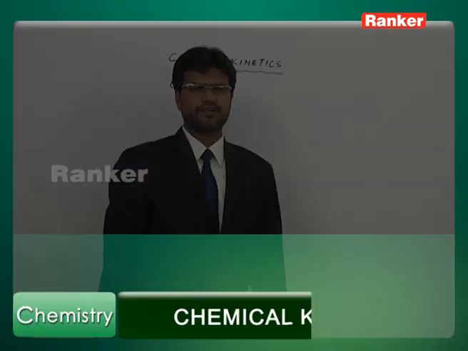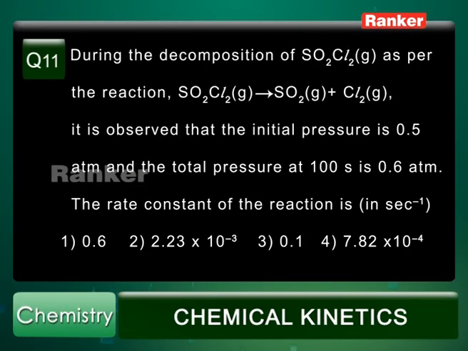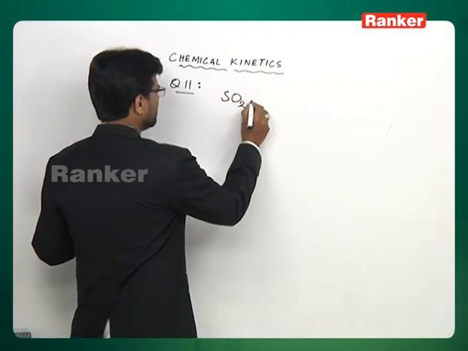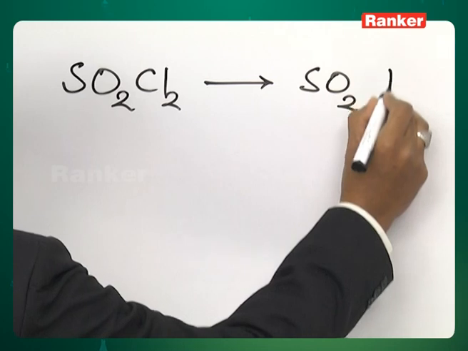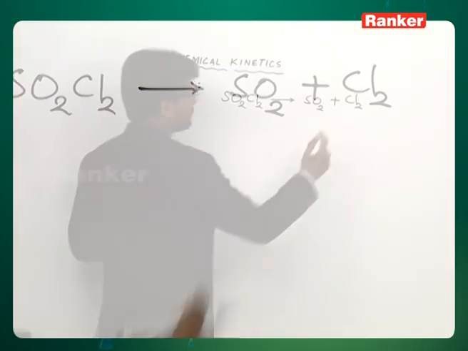Question number 11. During the decomposition of SO2Cl2, that is sulfuryl chloride, as per the reaction SO2Cl2 gives SO2 plus Cl2, it is observed that the initial pressure is 0.5 atmospheres and the total pressure at 100 seconds is 0.6 atmospheres. The rate constant of the reaction is, the reaction is SO2Cl2 gives rise to SO2 plus Cl2.